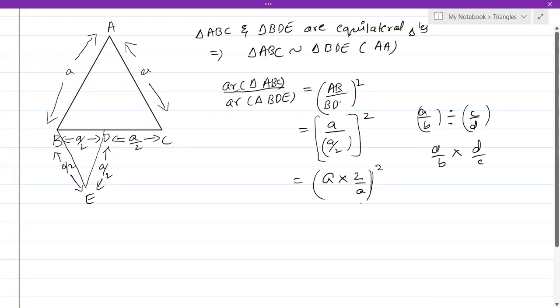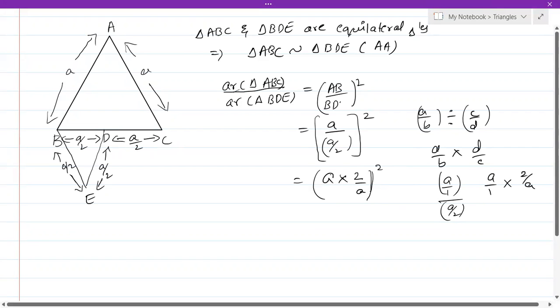The same thing we have done here. The numerator a can be written as a by 1 and the denominator is a by 2. So a by 1 as it is, into the reciprocal, becomes 2 by a. So a and a get cancelled. We are left with (2 by 1) the whole square. So 2 square is 4, 1 square is 1. Therefore, the ratio is 4:1. So the correct option will be 4:1.